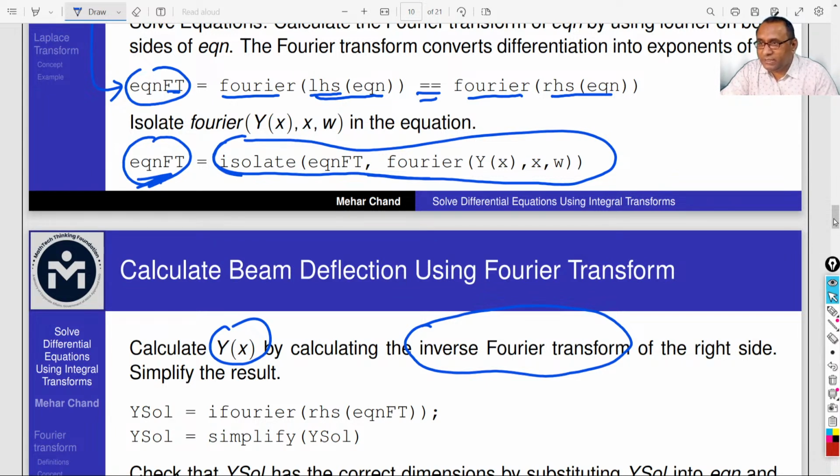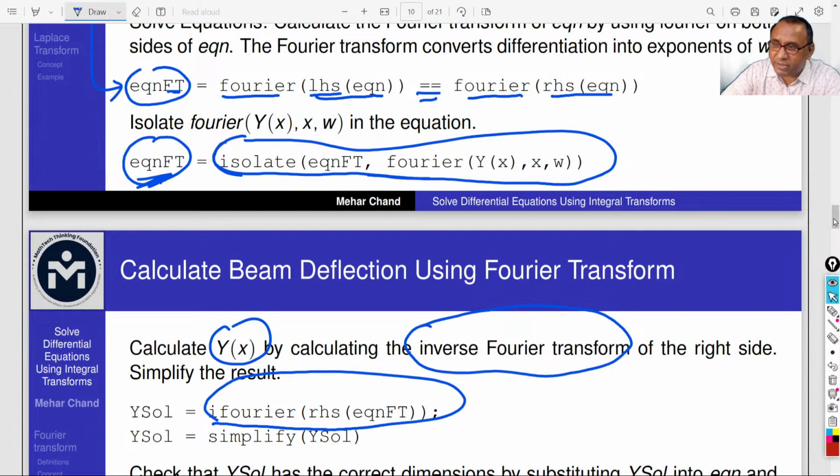See this syntax very carefully. So when you apply the inverse Fourier transform to the right hand side of the above equation, this is the real solution of the given differential equation.